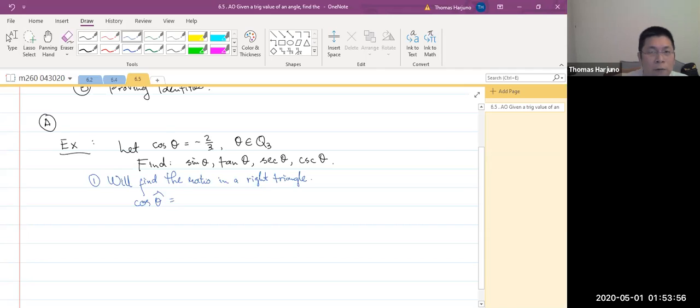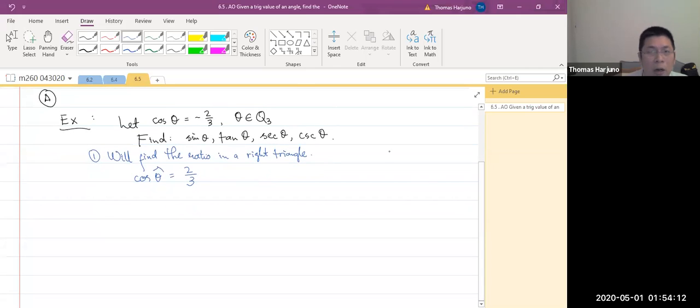Now the reference angle must be an acute angle, and the number will be the same. So in other words, cosine theta hat will be the same number as this, but it must be positive. Then from there, I construct the right triangle, and that's the reason I do the reference angle, because I try to make it an acute angle so that I can put it in a triangle.